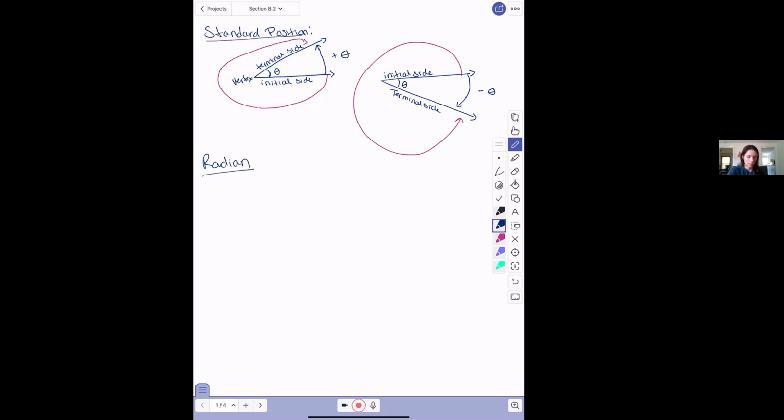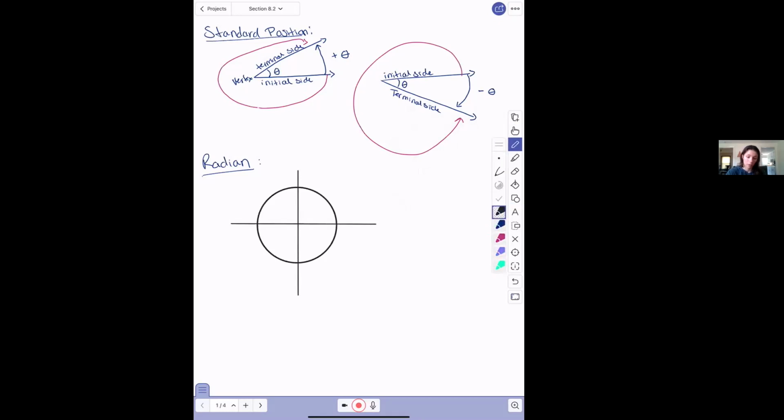Okay. Next, I just want to explain what a radian is. We're going to be talking a lot about moving from degree to radian form, so it's important to know what a radian is and to be able to visualize it. So if I have a circle, and I'm going to put an axis on the inside of it, pretend that's centered.